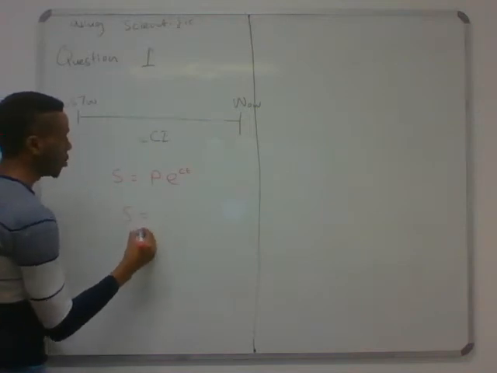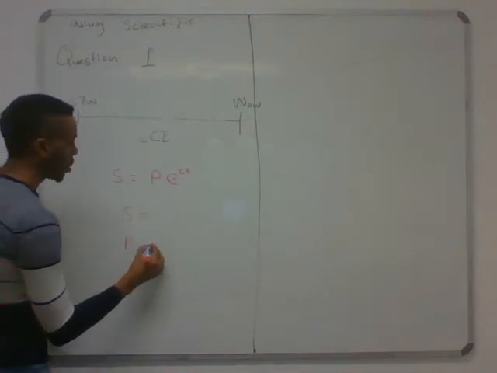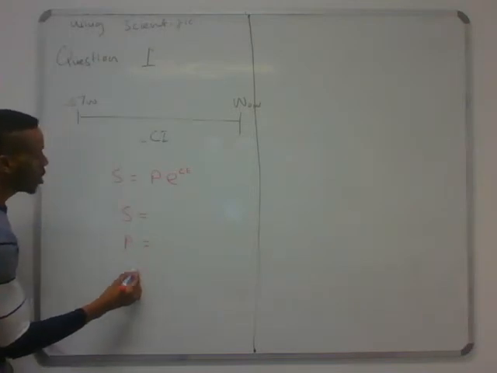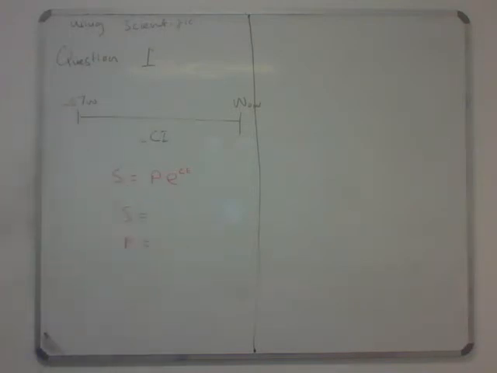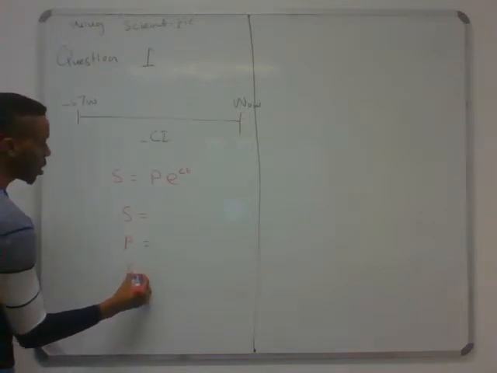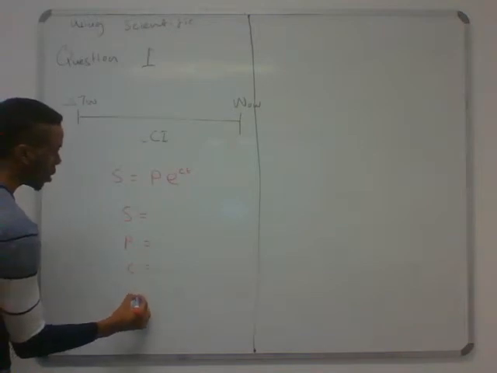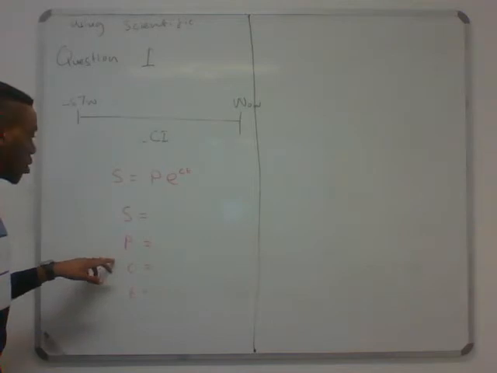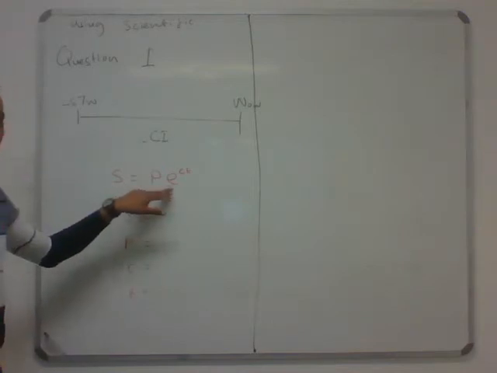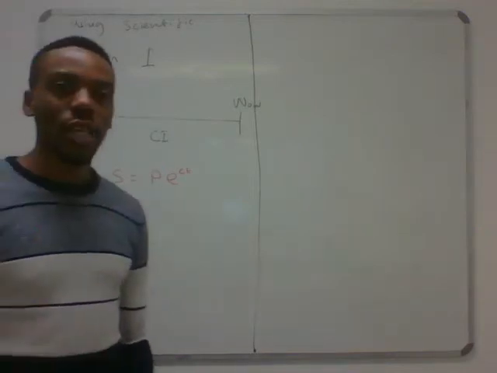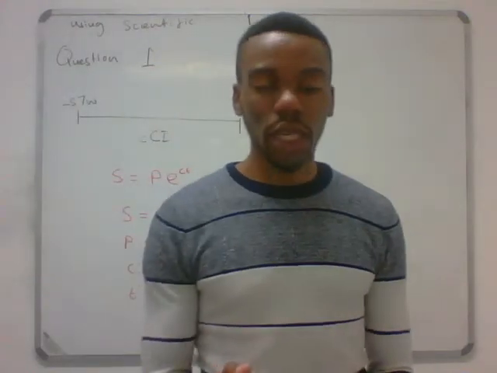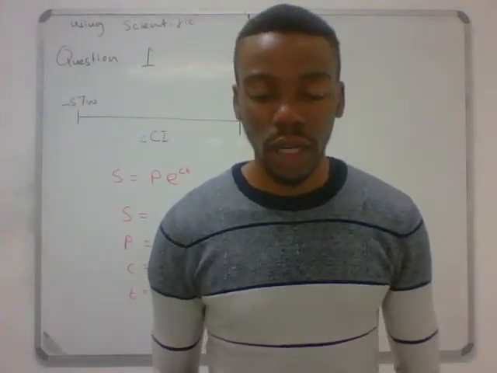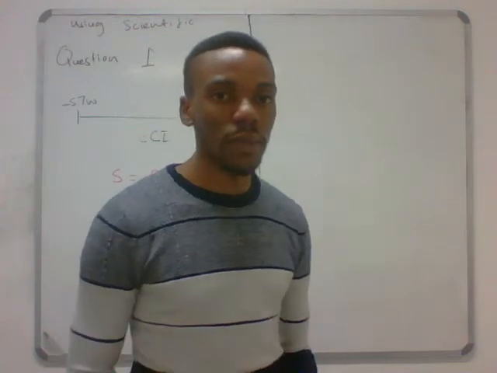S is your future value, P is the present value, E is an exponential number, C is the continuous compounding rate, and T is the time. Some of you might be new to this E, but don't worry, there is the financial calculator. You'll see how we can get the same answer using the financial calculator without going through much trouble.